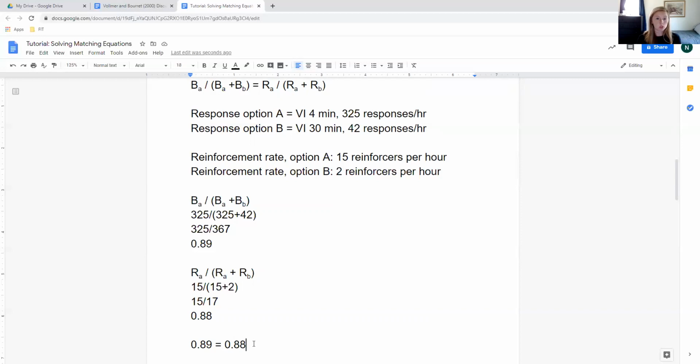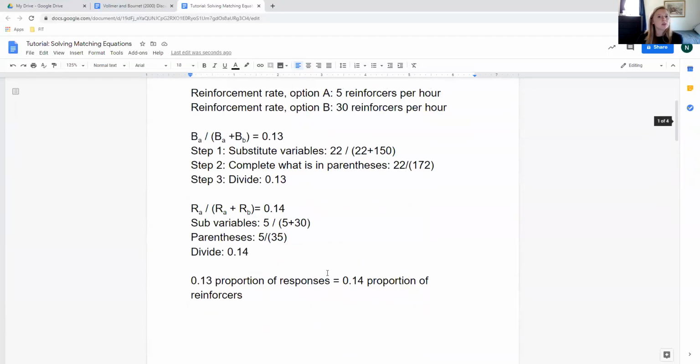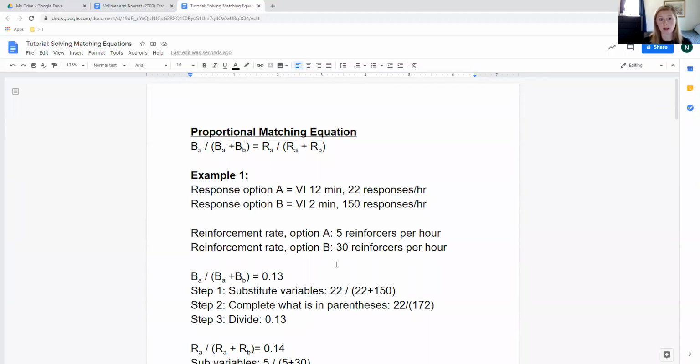The organism is allocating a large majority of its responses to response option A, but that's okay because that's where a large majority of the reinforcement is available as well. Perfect. So we've got down the proportional matching equation when we're working with simple response rates and VI schedules in a really controlled way.